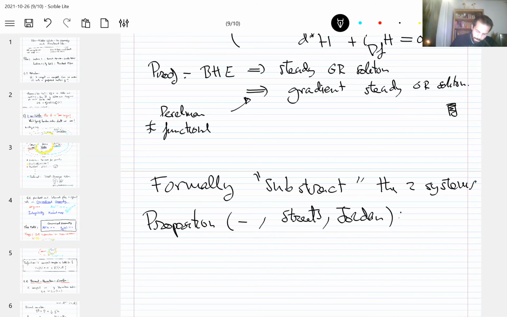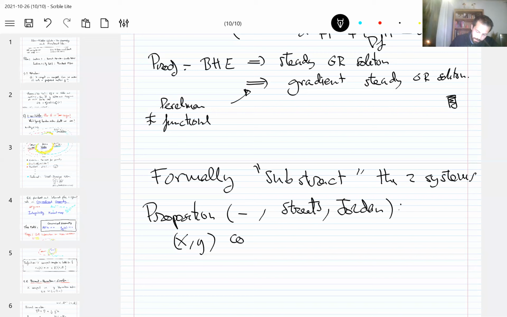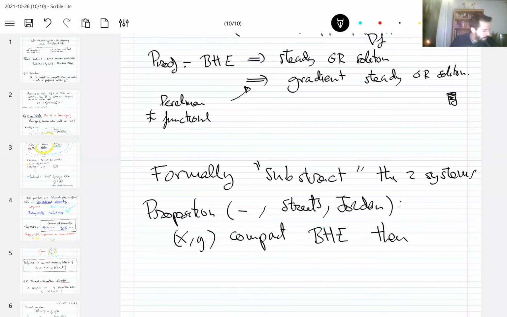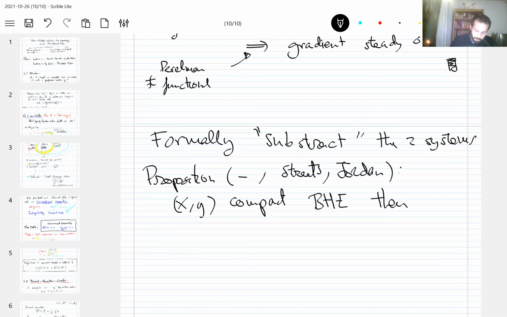So if (X, g) is a compact Bismut Hermite-Einstein manifold, then, one, the vector field V defined by a half of theta sharp minus gradient of f is Killing and holomorphic.